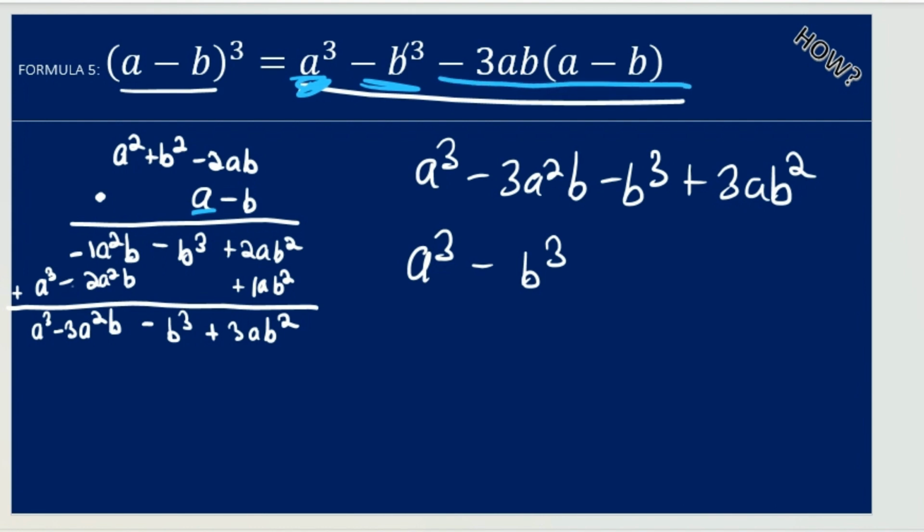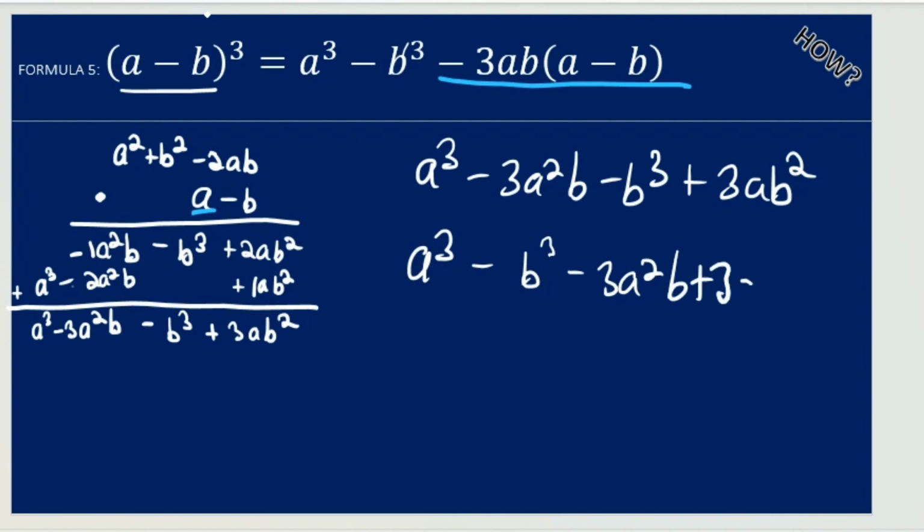So, we don't have that here. So, we're just going to write what we have right now. So, we're going to write minus 3a squared b plus 3ab squared.